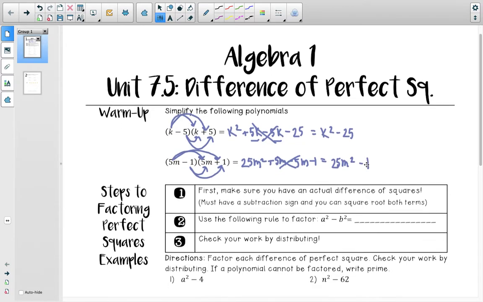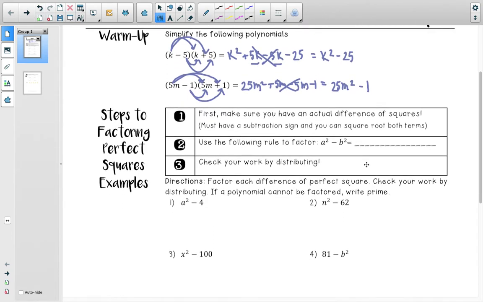Now, real quick, if you were to look down on the page, you should notice that our two warm-up problems up here are very similar to these 4 problems. Some of the similarities are that they all have 2 terms, okay? And that's called a binomial.